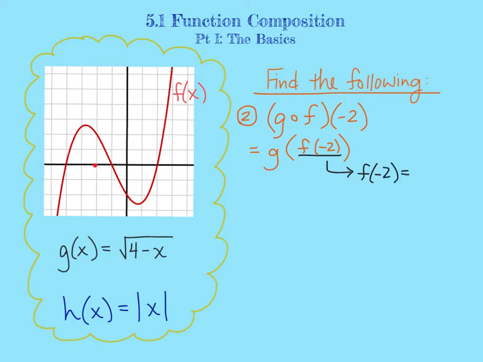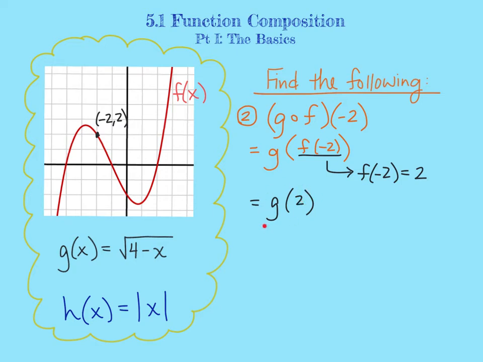So we have the coordinate point -2, 2, right here. Therefore, f of -2 is +2. So we can rewrite this as g of 2 because f of -2 is 2. I just replaced it and made it simpler.